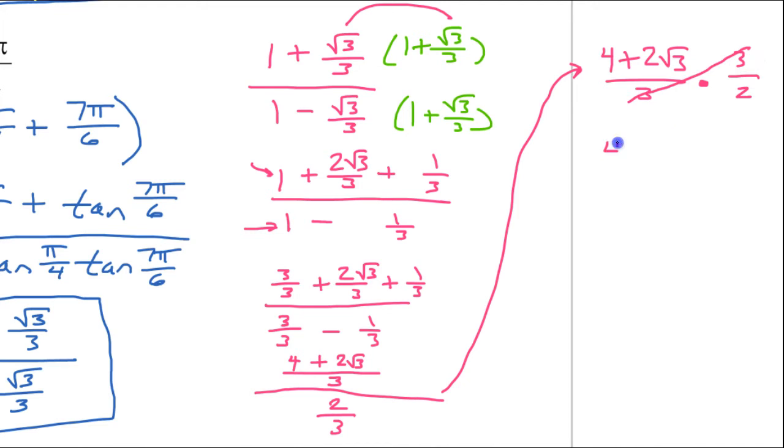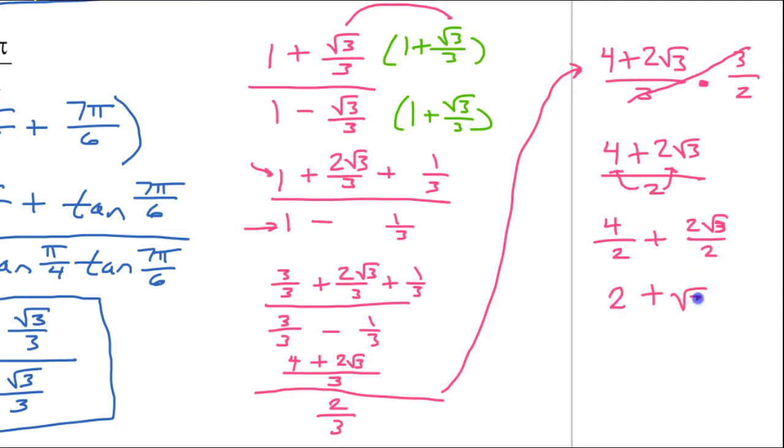So I wind up with 4 plus 2 radical 3 over 2. Now this 2 is going to wind up dividing separately under each one of these. So it's going to be like this, 4 over 2 plus 2 root 3 over 2. This 2 divides evenly into both of these. So I'm going to wind up with 2 plus radical 3.